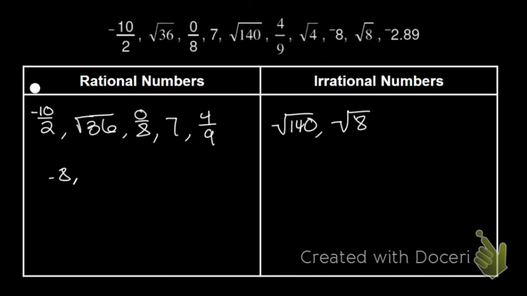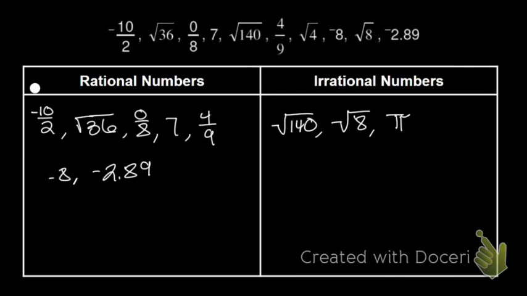Okay, then the last one we have in this lineup is negative 2.89. That is a decimal with a whole number, and that can be made into a fraction. Now, if you notice, in the lineup we didn't have a lot of irrational numbers, so I'm going to give you a few more just to give you some examples. Pi. The pi symbol by itself is irrational. That is not a fraction.